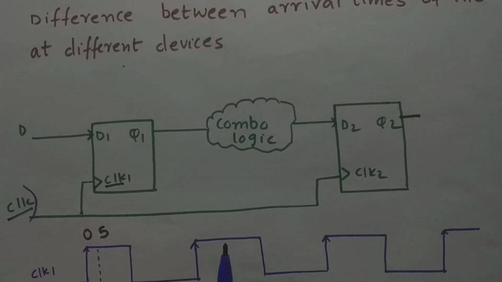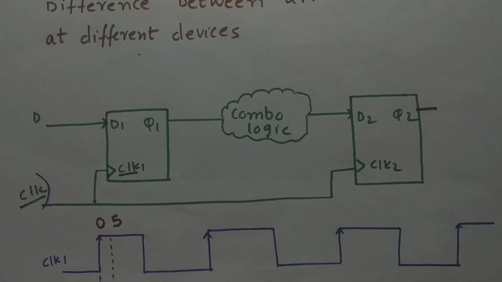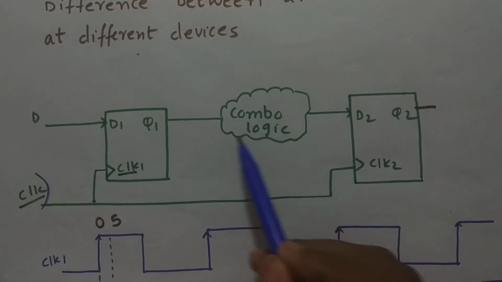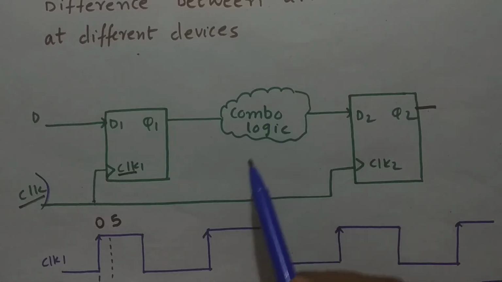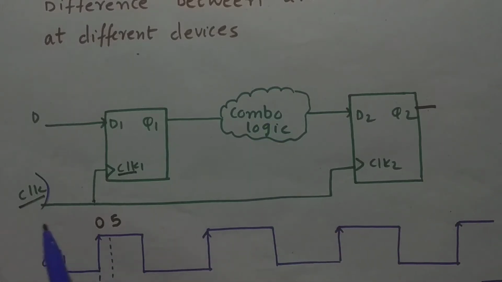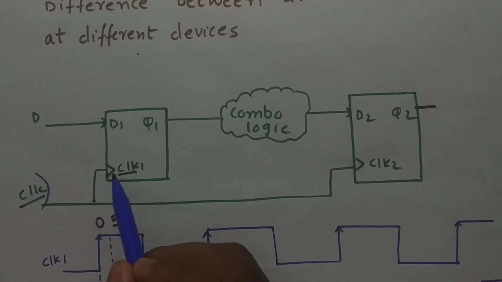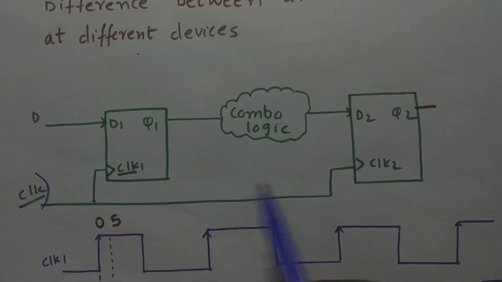I'm going to take an example over here. As you can see in this example, we have two flops connected with combinational logic, and they are getting the clock from the same clock domain. This clock is reaching clock 1 and this clock is reaching clock 2, but there is a certain delay, that is net delay.